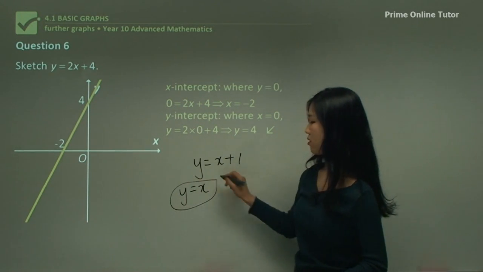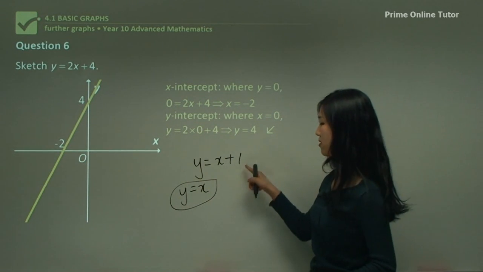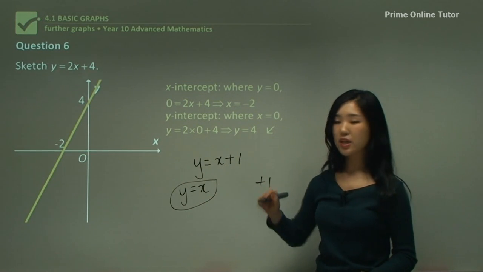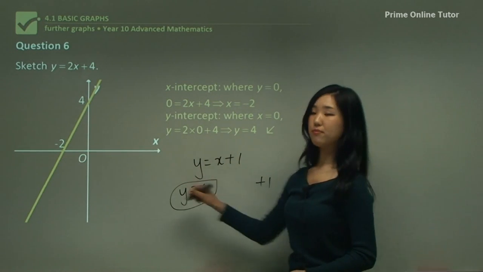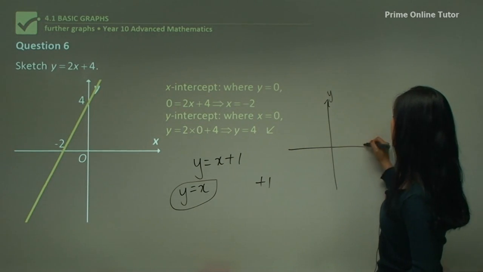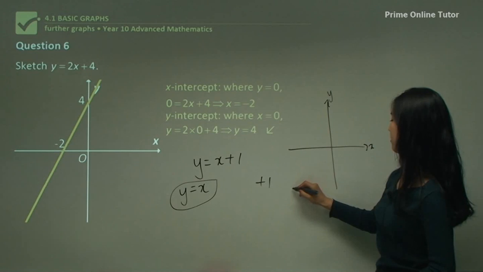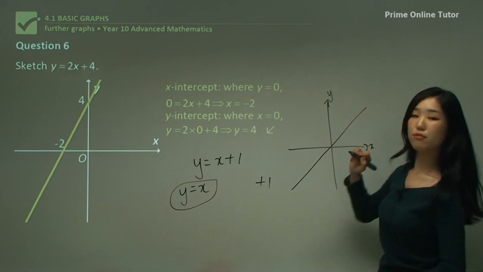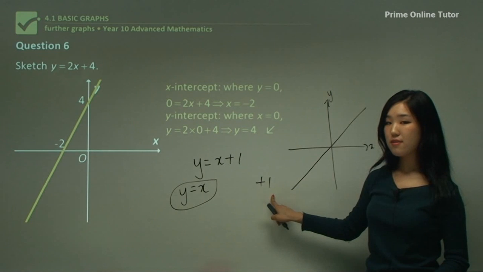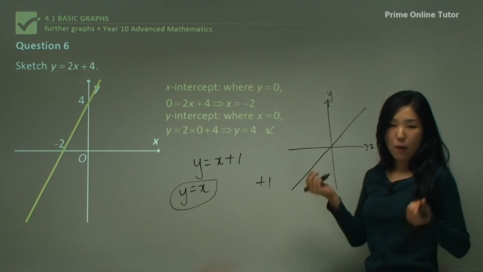Remember this graph that we did in question 1? And we're simply just adding 1 to that. Y equals to x is simply that graph. But y equals to x plus 1, this simply means lift it up by 1.